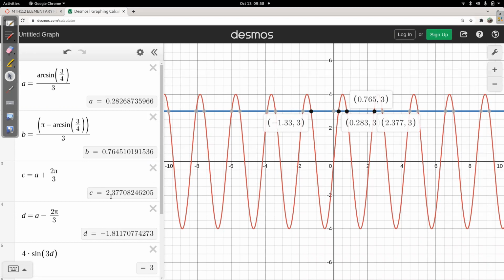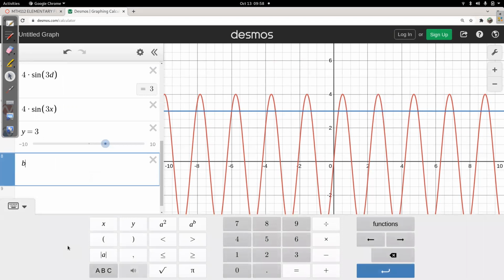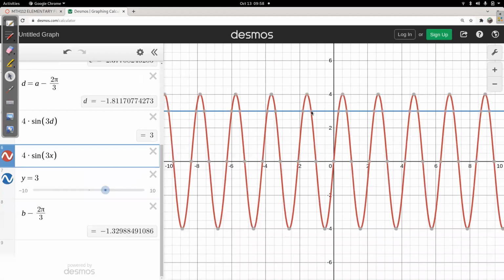Let's double check that. Let's come down here. So if I take my solution B, my second one, and I subtract one period, the period was 2 pi over 3, that should be negative 1.330. So there's that one right there.